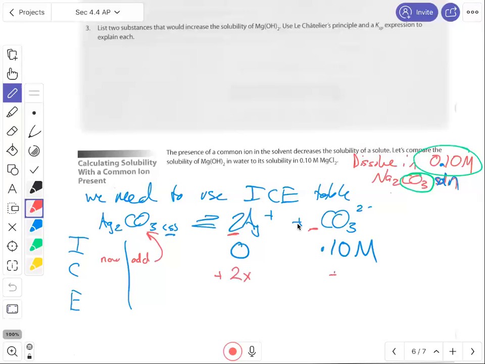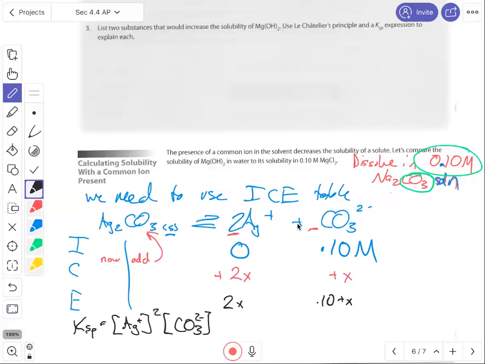Just plus X. So my equilibrium line would then be 2X and 0.10 plus X. So that being said, the KSP expression here would be Ag plus squared and CO3 2 minus, right? Which mathematically would give me a 2x value squared times a 0.10 plus x.